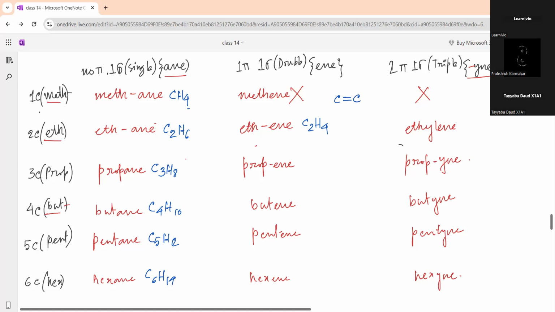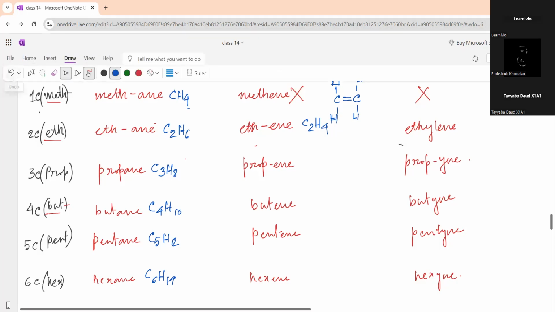Between two carbons, there will be two bonds, so this carbon has two more bonds left, and this carbon has two more bonds left. So here it's H, H, H, H. So there are two carbons and four H.